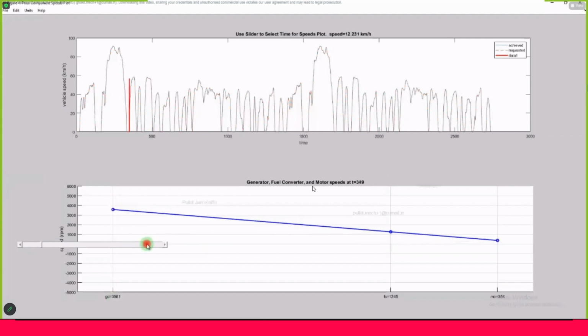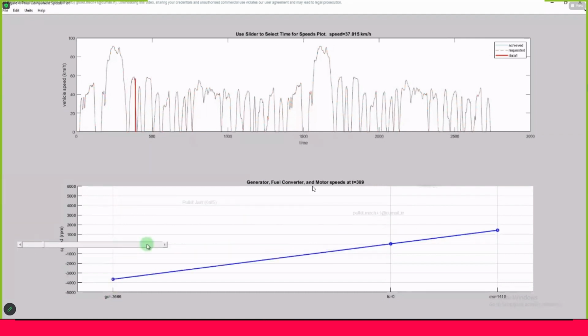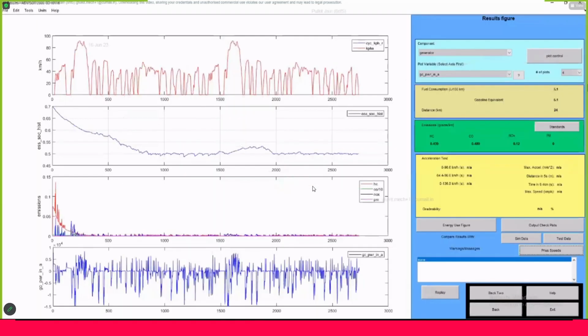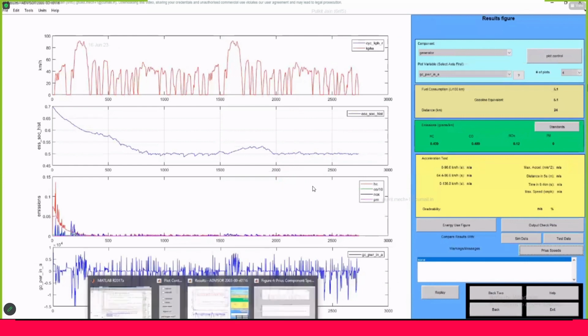This is what happens with the Toyota Prius and all three component speeds. These are interesting results. If the vehicle is at rest for a longer duration, you can see all three are at 0 RPM.